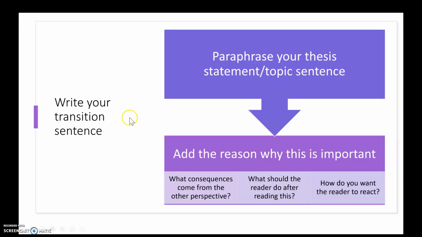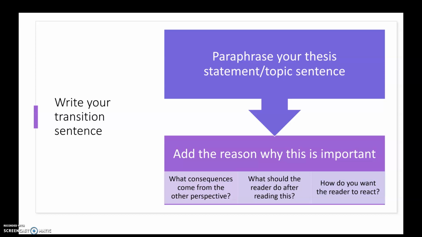So now let's get to that transition sentence. Like with our other paragraphs, we're going to be paraphrasing our thesis statement or topic sentence, and we're just going to add the reasons why this is important. Some things you can use to get that: what consequences come from the other perspective? So let's say we're using the uniform example.